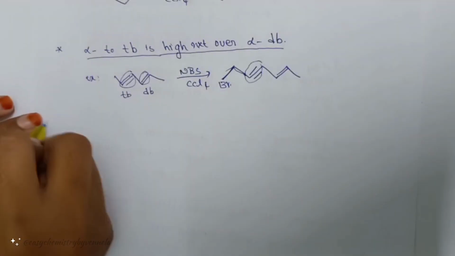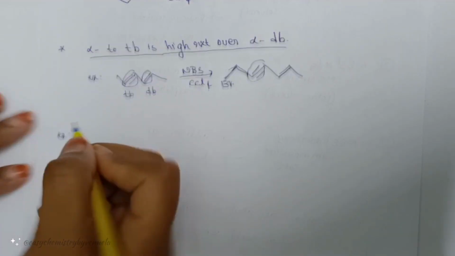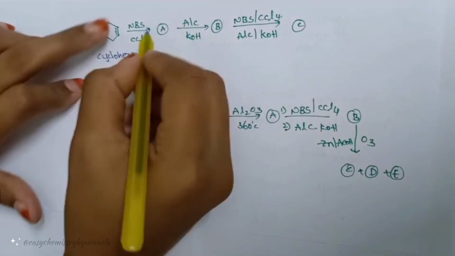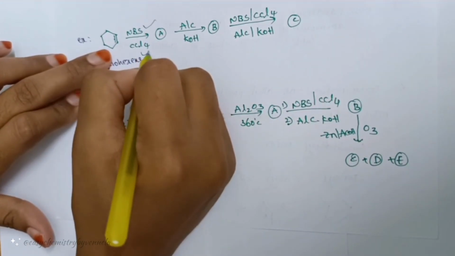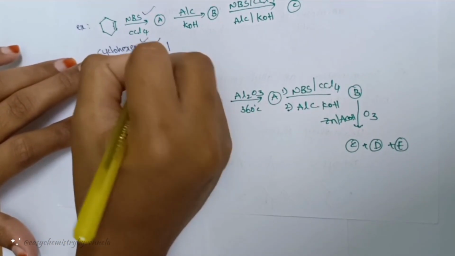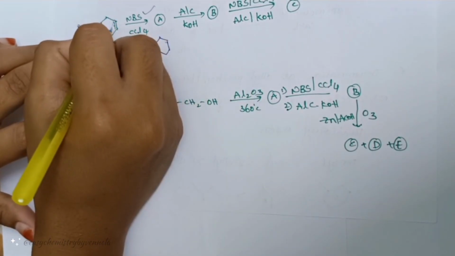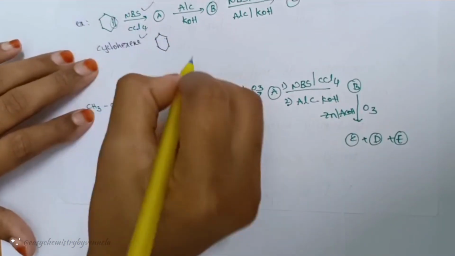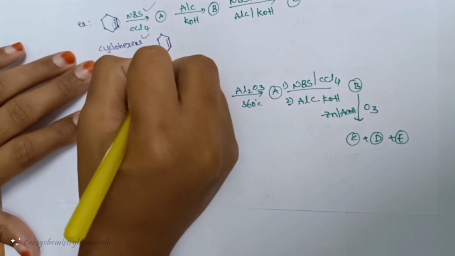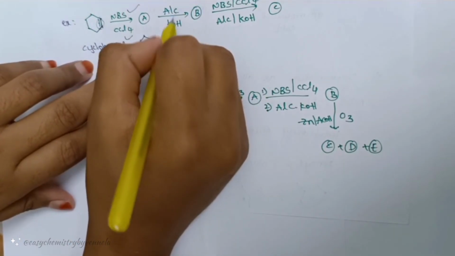So after this, an example for NBS. Cyclohexene reacts with NBS, CCl4. Where the bromine is attacked, here next to the double bond, the allyl position. So bromine is attacked here.